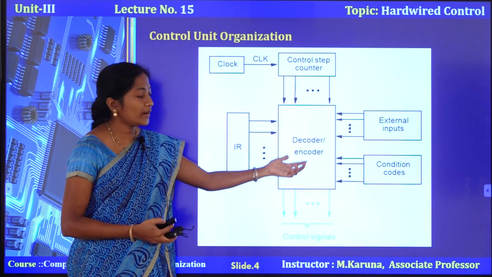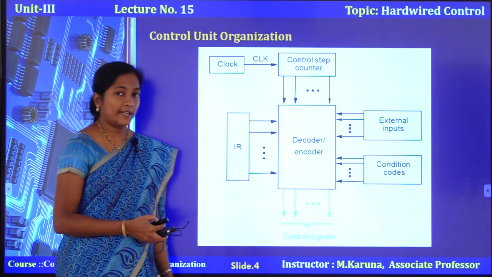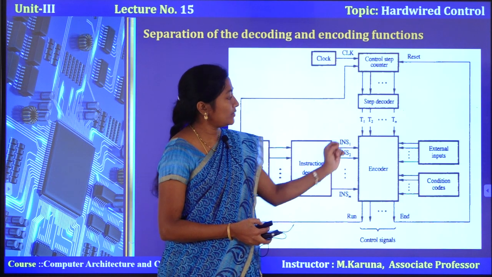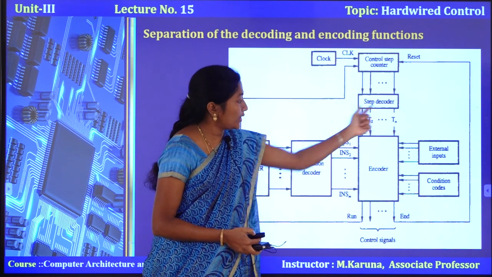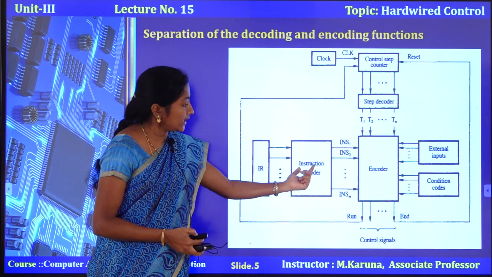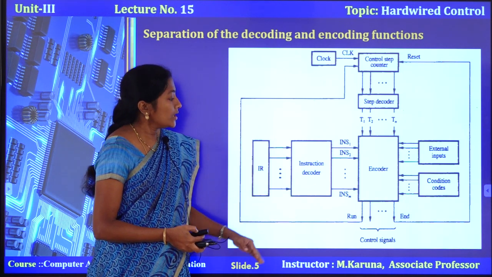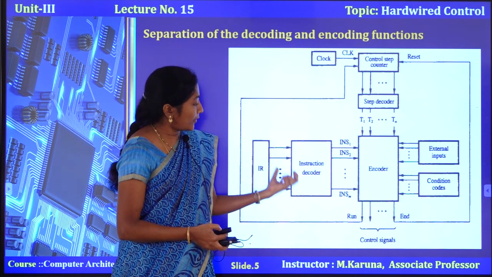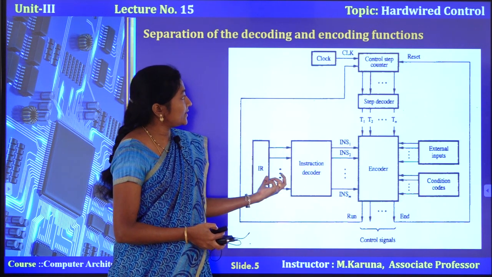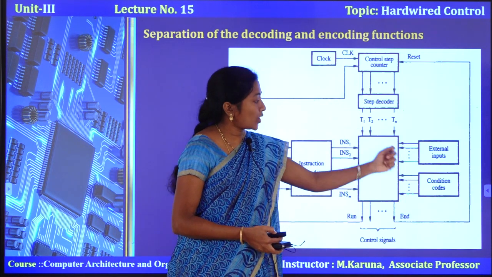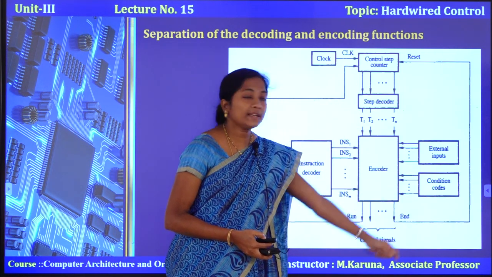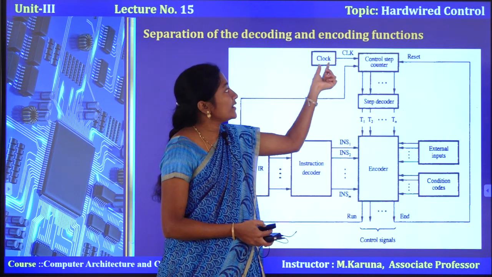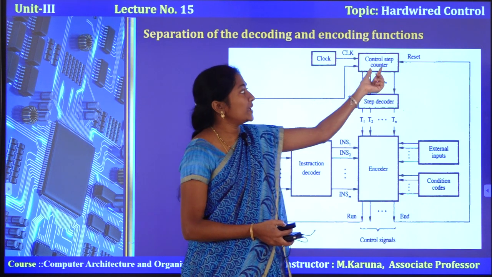Let us divide this decoder and encoder circuit separately. See, here the clock generator, the control step counter having a step decoder, and the instruction register having an instruction decoder. Okay. So, let us see how the control signals are generated from the information provided by the instruction register, clock generator, external inputs and condition codes. Here the clock generator generates the clock pulses.